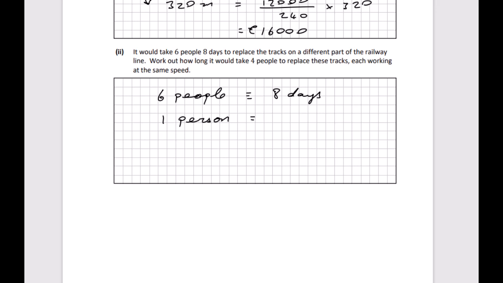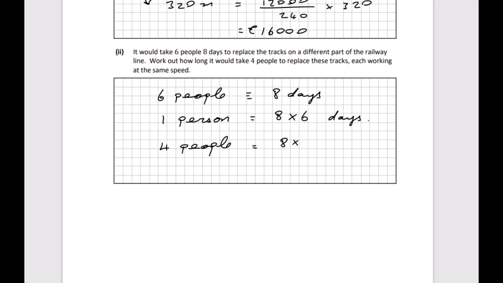Now in the previous question what we would have done is divided by 6. But if you think about it, if you have 6 people and it takes them 8 days to do a job, one person is going to take longer. So it's actually times 6 in this case, that many days. Now we want 4 people then. If it takes one person 48 days, 4 people is going to take less.